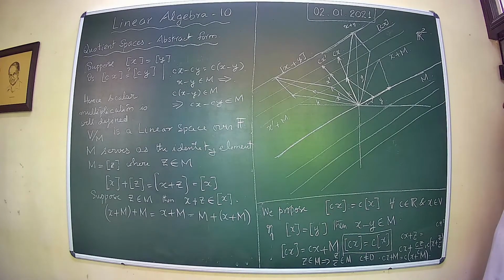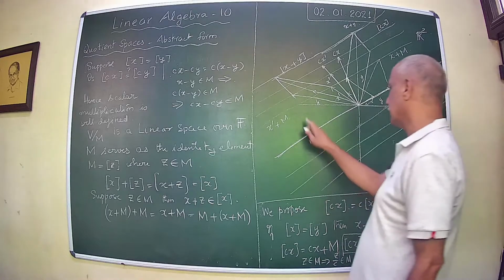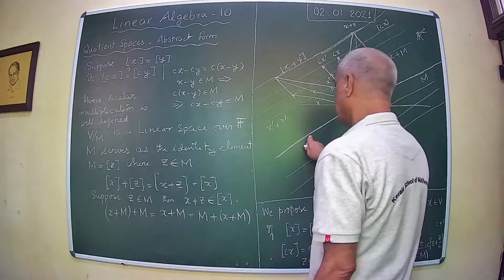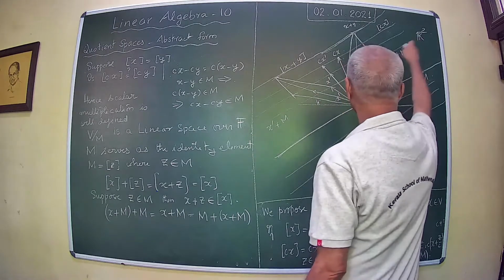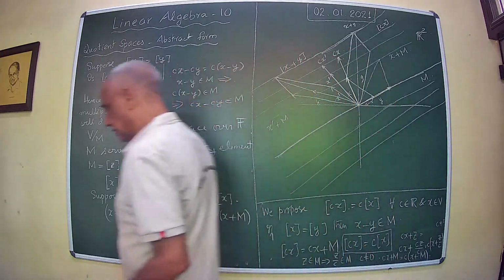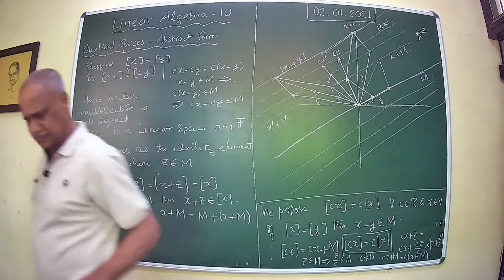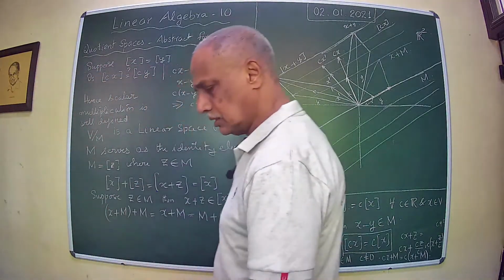And you can easily check that if you take an x and take an element on this line and then add, you end up with a point on x plus M. So that's all easily verified.